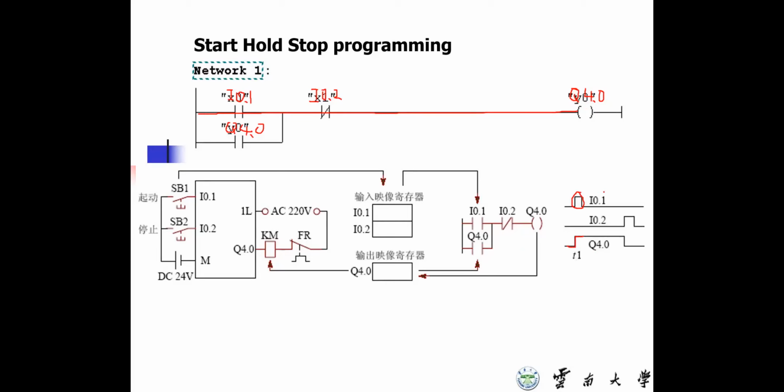But when I 0.5 is changed to 0, because this is 1, maybe we can use this conduction to Q4.0. So this one means hold.